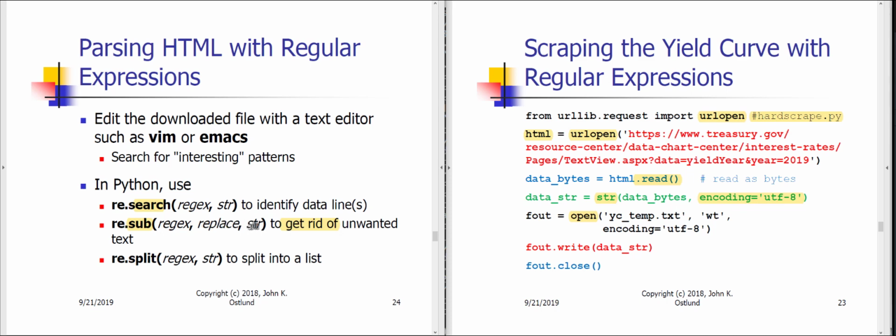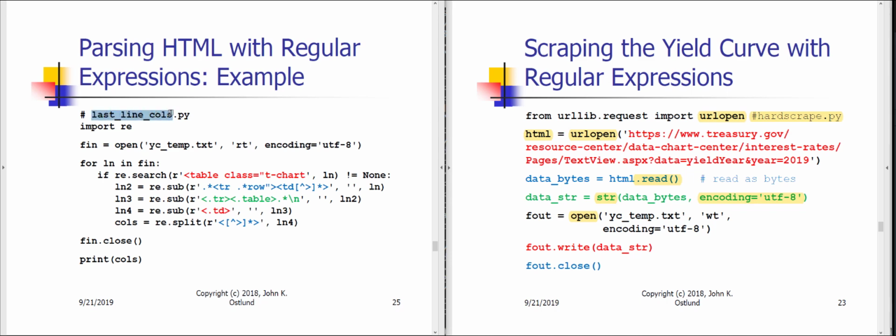The third argument here, str, is the input string that I'm doing this substitution in. All right, so sub is going to enable me to throw away parts of each string that I don't want. And then, once I have winnowed each line down to just containing data, I can use the regular expression split function to split the remaining parts of the line into a list of strings that are just data. So let's see how we go about doing that.